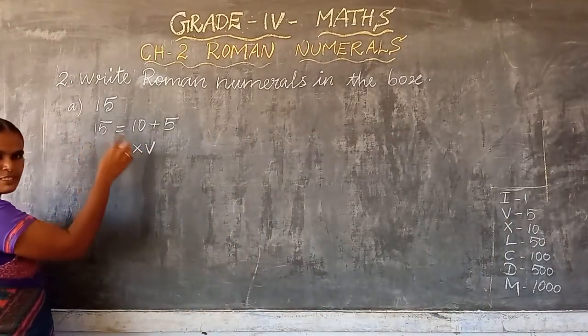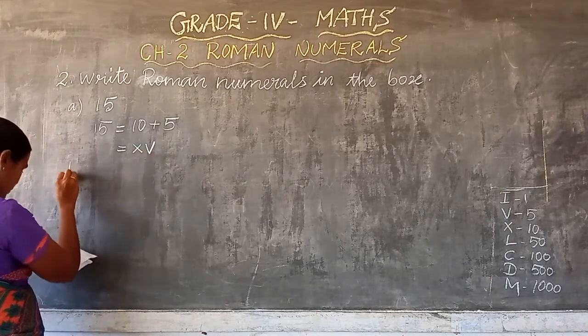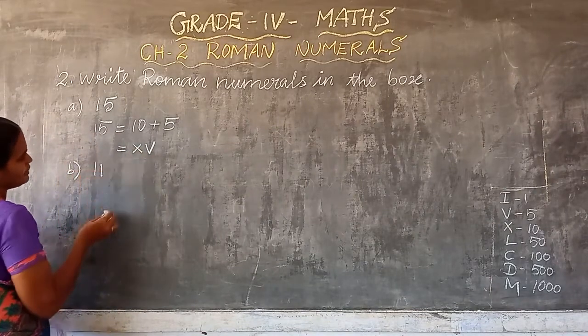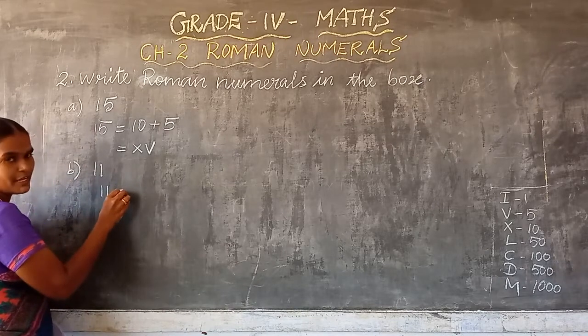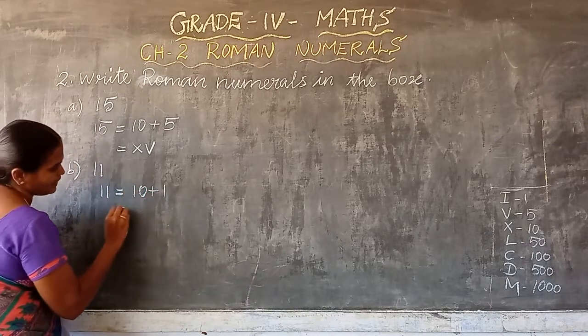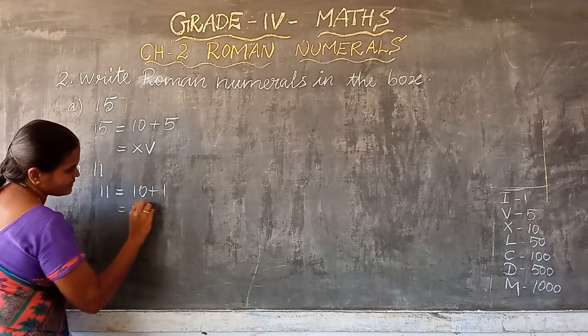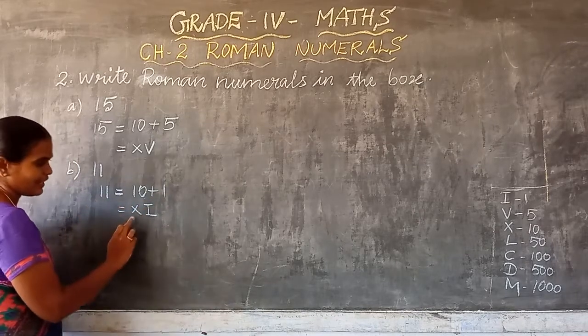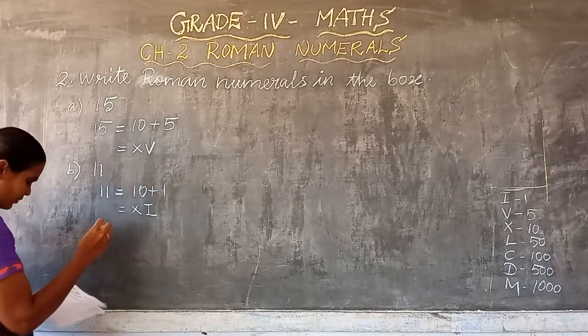So 15 means XV. Now B question, 11. What is the expanded form of 11? 10 plus 1, 11. 10 means X. 1 means I. So 11 is XI.